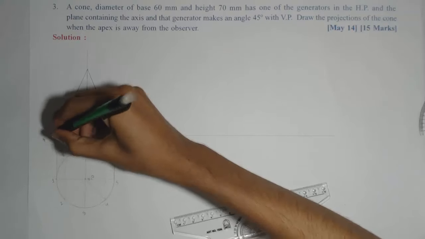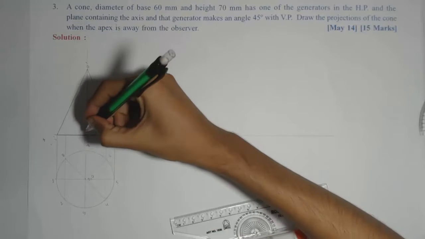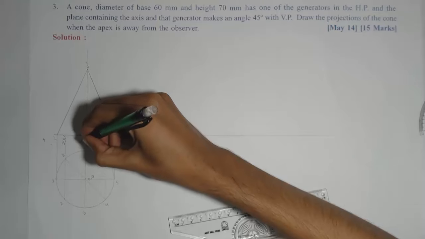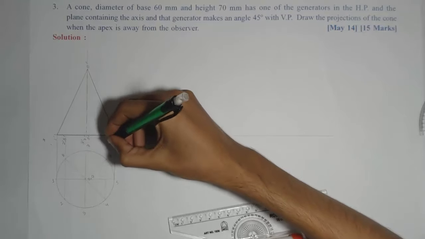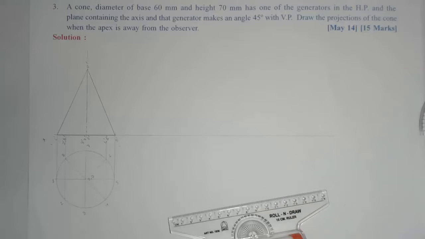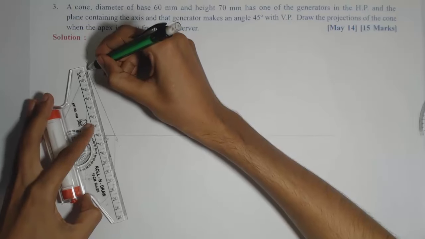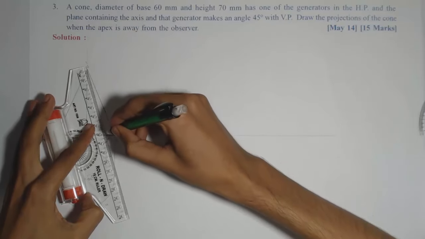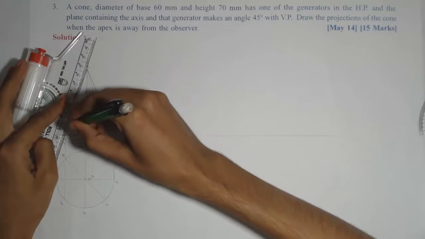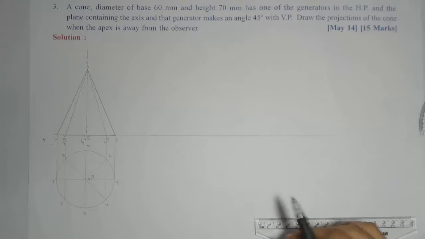Here it is 1 dash, 5 dash, O dash, O dash, then this is 2 dash, 8 dash, 3 dash, 7 dash will coincide with the axis, and 4 dash, 6 dash. So I'll draw the imaginary generators with 4 dash, 6 dash and 2 dash, 8 dash. Okay, so this completes the first stage.